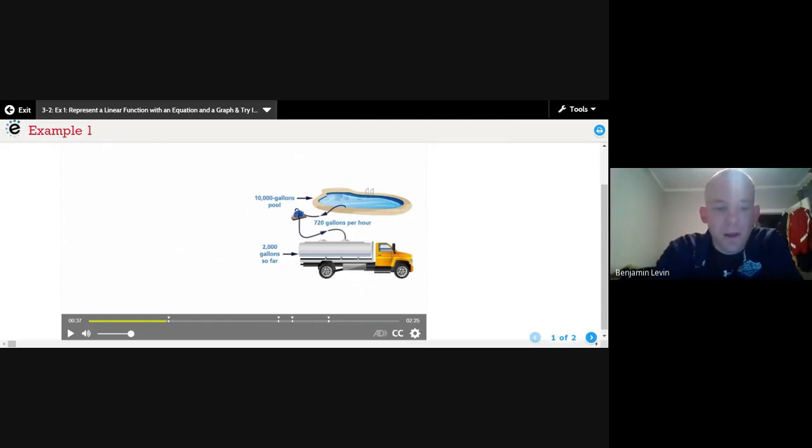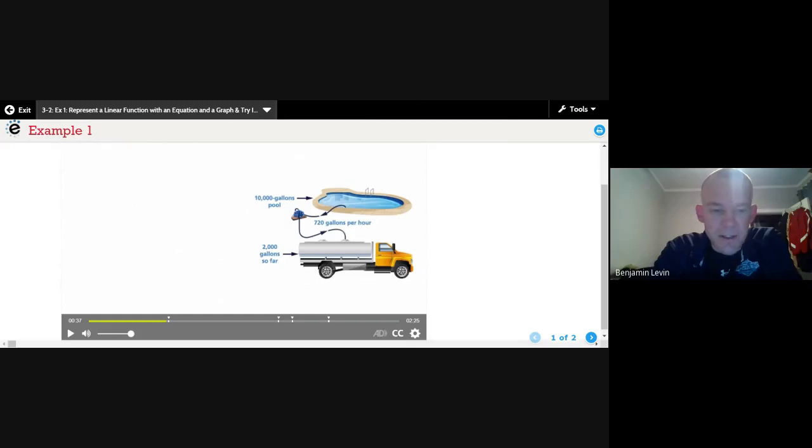So in this particular problem, we have a linear function, so to speak, because we have a unit rate, which is going to be our slope, and we also have a starting point because it tells us how many gallons we have already pumped, right?